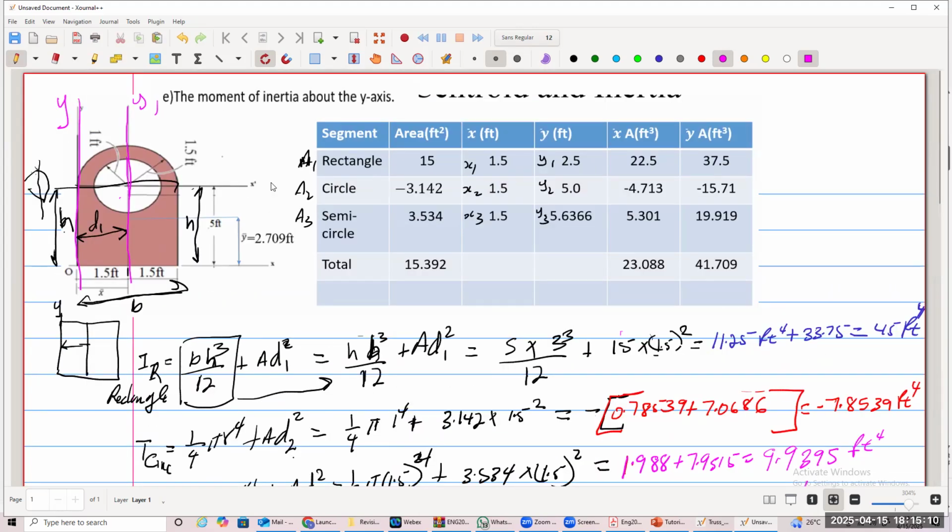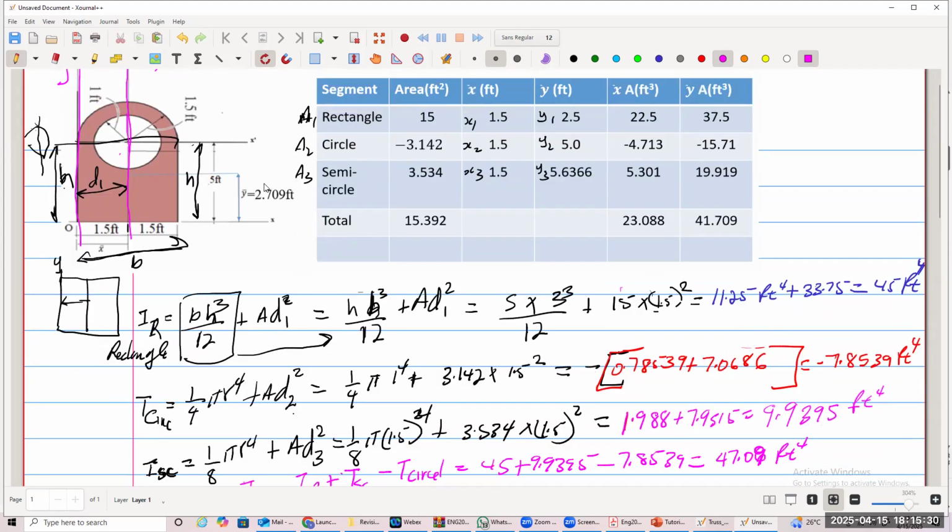For the first one, the rectangle, you get 11.25 feet. Exactly. And then the second, the circle, will be 0.78753. Yes, 0.78. And for the other one, what would happen? 1.988. Yes, because it's symmetrical around here.